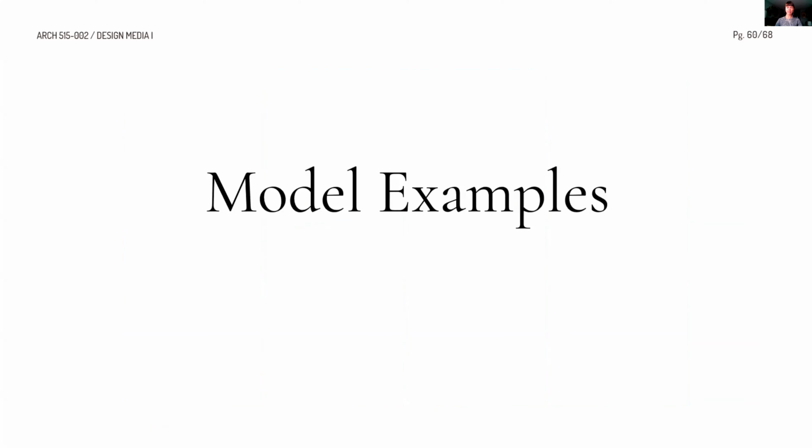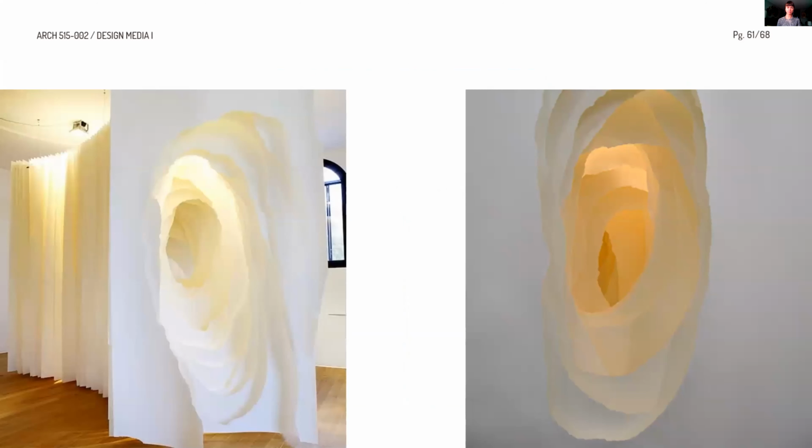With that said, I thought that I would show you some really great examples of models and modeling materials, both outside of our program and also from the students last year to give you some ideas. These are two paper sculptures by artist Angela Glachkar.